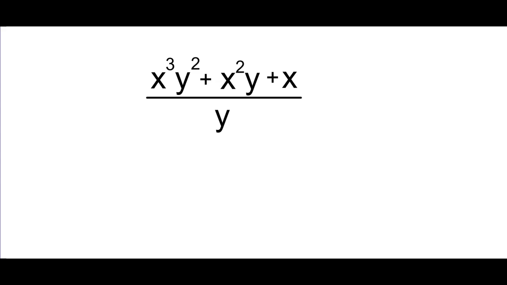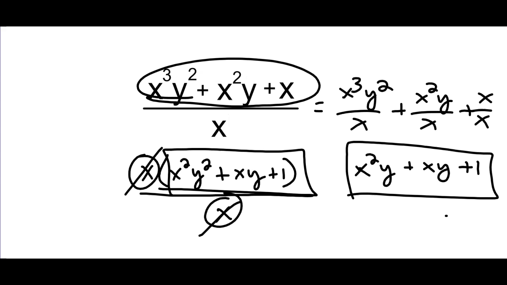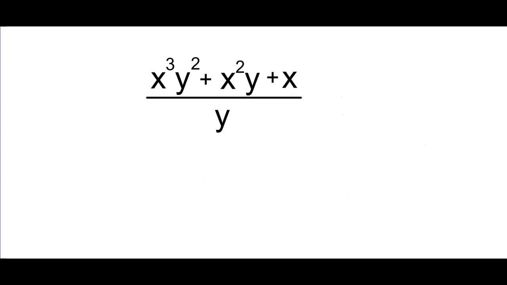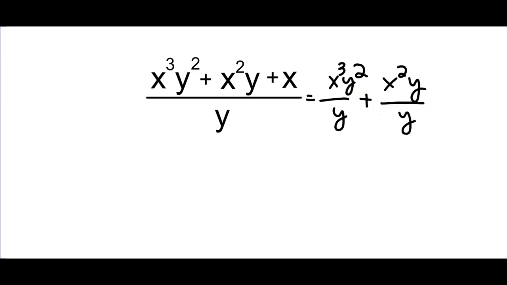Try that one out. So this is the same problem that we had right here, except now I'm dividing by y. And so the issue we get right here is that this last term does not divide by y. It's not really simplifying it more, but if you really want to divide out that y on some of it, you could split this up and say x cubed y squared over y, plus x squared y over y, plus x over y.